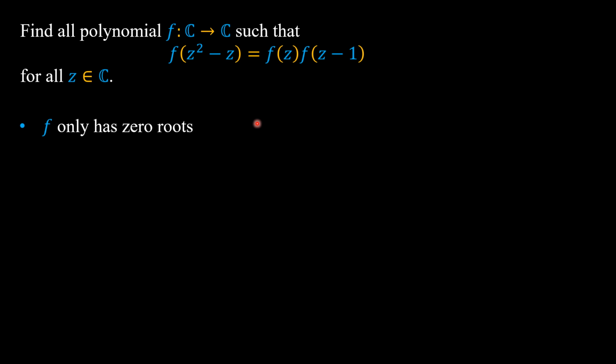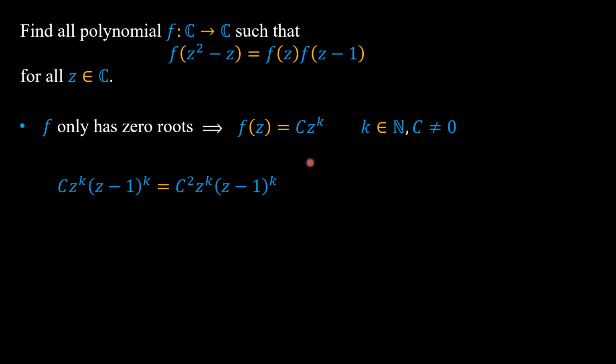For the second case, f only has 0 as a root. The only polynomial that only has 0 as a root must be in the form of f(z) equal to c times z to the power of k, where k is a natural number and c not equal to 0. By substituting this f(z) into the functional equation in the problem, we have these equations for any complex number z.